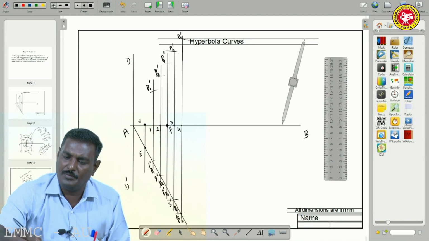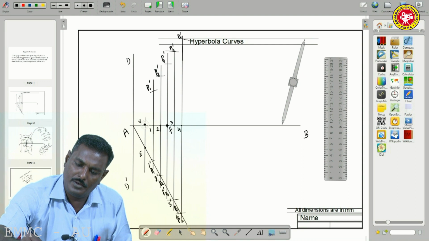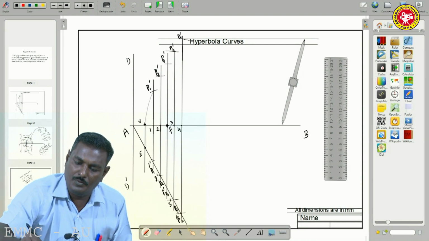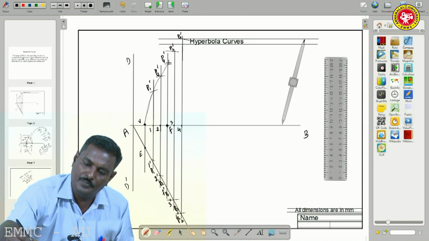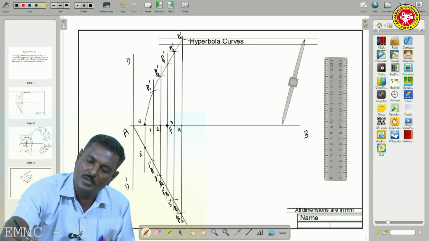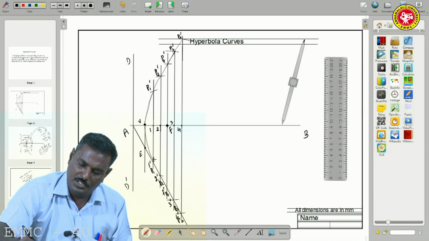Draw by free hand, but from V, from P1, we have to draw smooth curves. Similarly, at the bottom we have to draw a smooth curve.